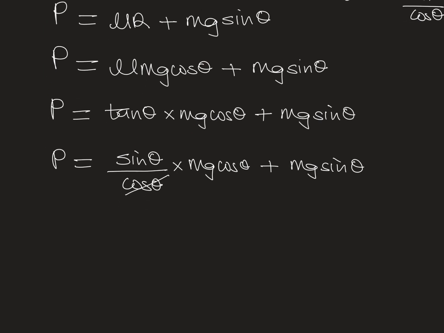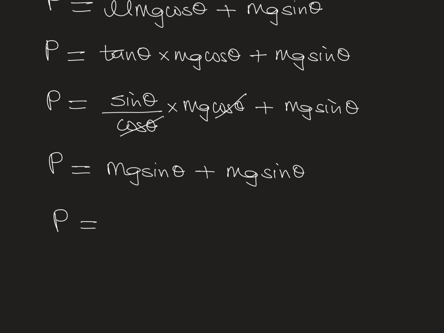So cos theta will cancel cos theta. P is equal to mg sine theta, then plus mg sine theta. So we will have 2 mg sine theta.